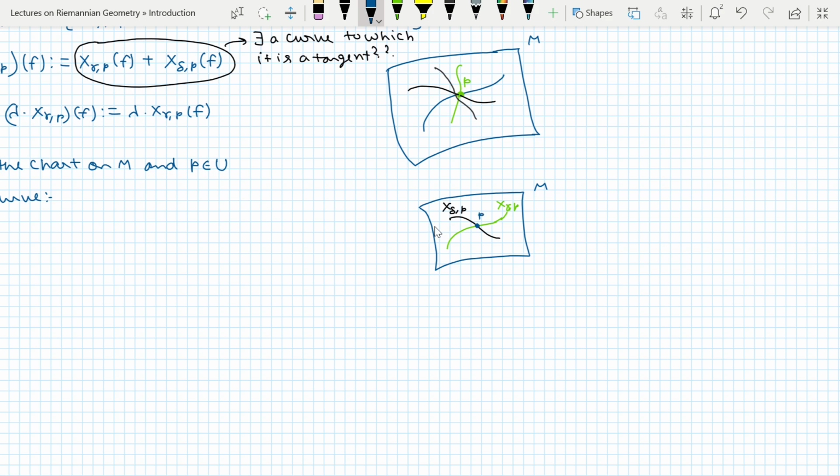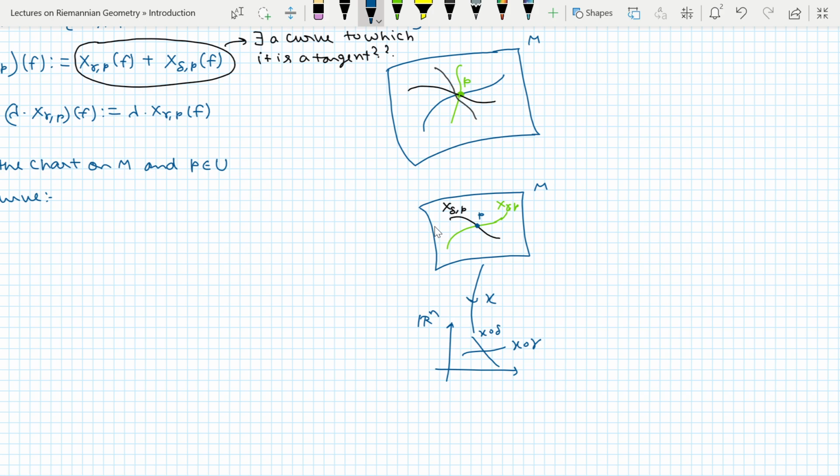So what we do, we go into the chart and that chart comes with its chart map. That chart map will map these curves into R^n, right? Now in R^n, let's say this is your x composed with γ and this is your x composed with δ.